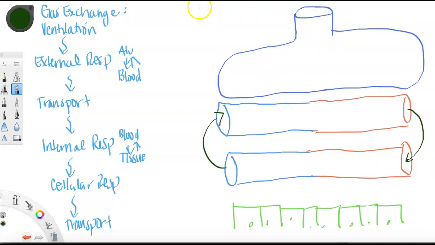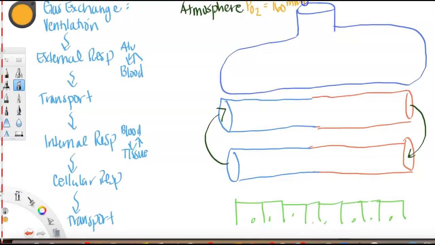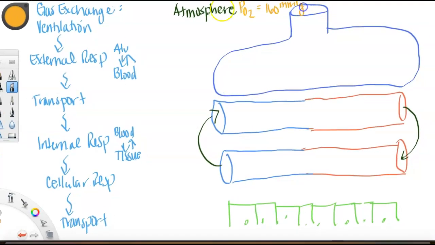So in the atmosphere, the partial pressure of oxygen, PO2, is about 160 millimeters of mercury.